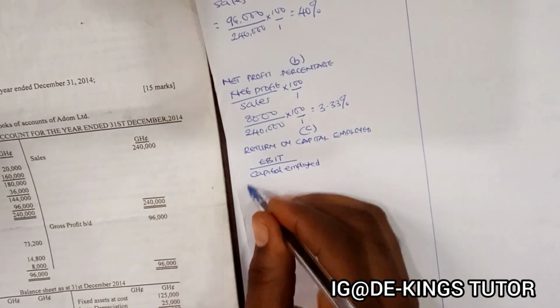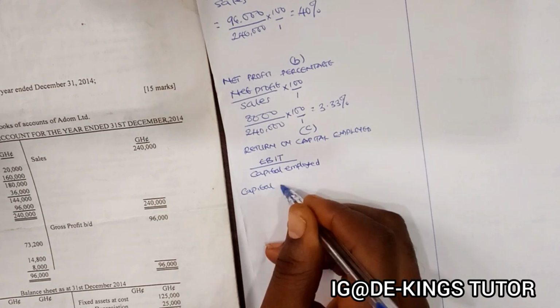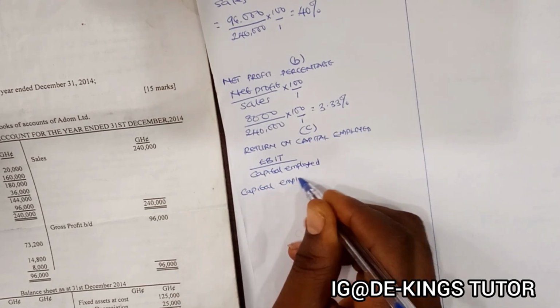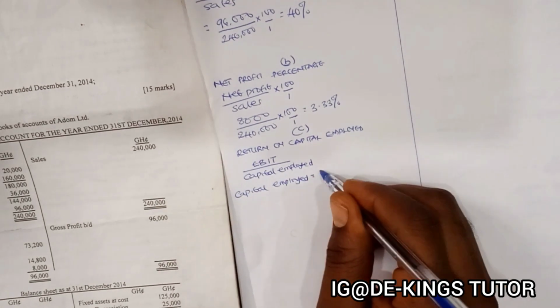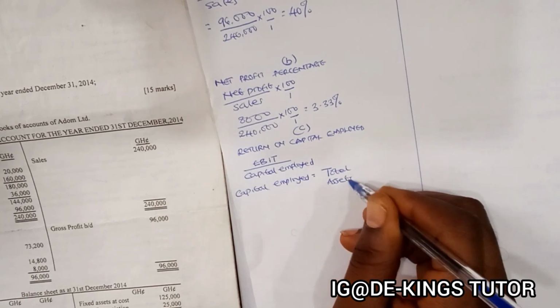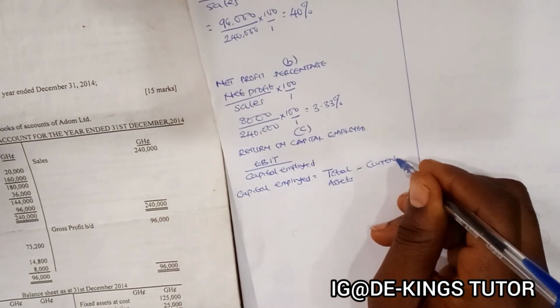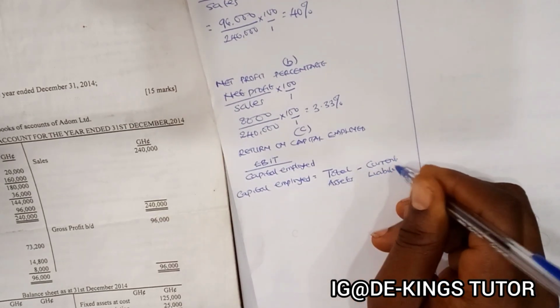And the capital employed also has its formula. It is the total assets minus the current liabilities.